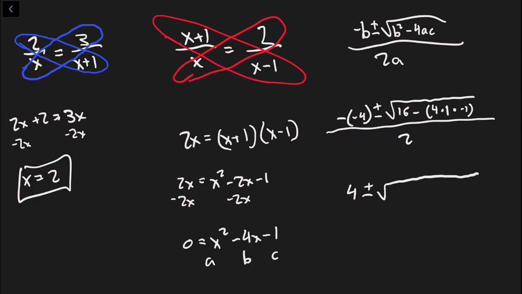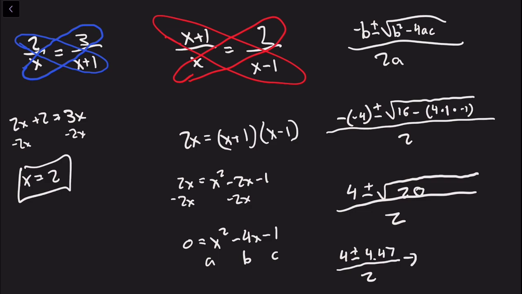16 minus 4 times 1 times -1. Well, 4 times 1 times -1 is -4. 16 minus -4 is 16 plus 4, which is 20, over 2. Which further simplifies to 4 plus minus square root of 20 is 4.47 over 2.